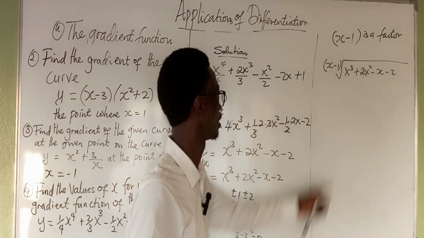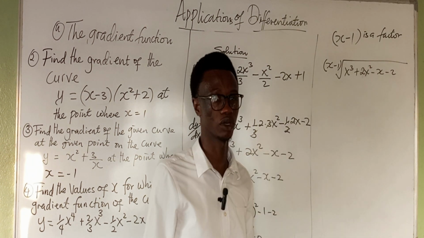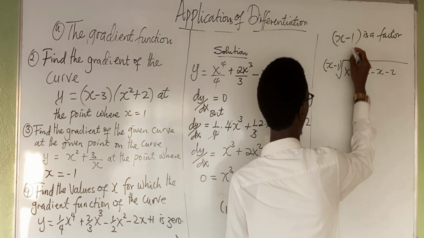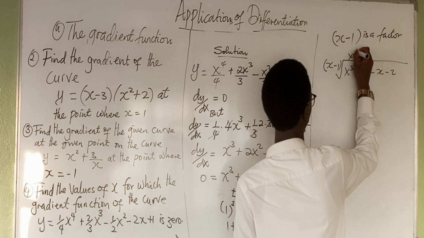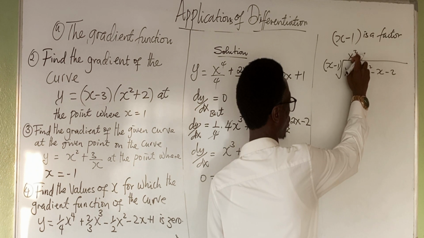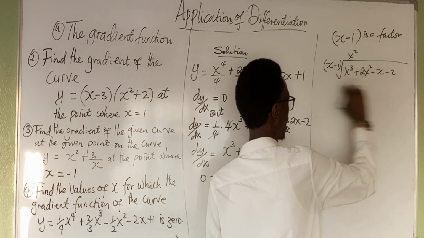We are now going to determine how many times this can go into this. So x into x cubed becomes x squared. Now this number you have, you are going to multiply it throughout.